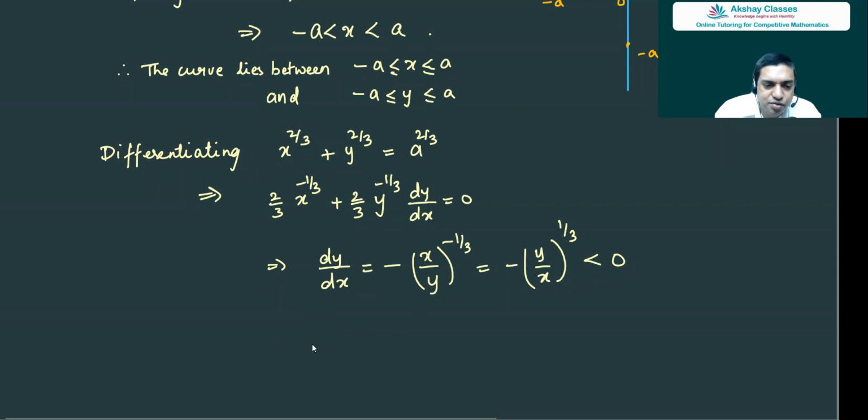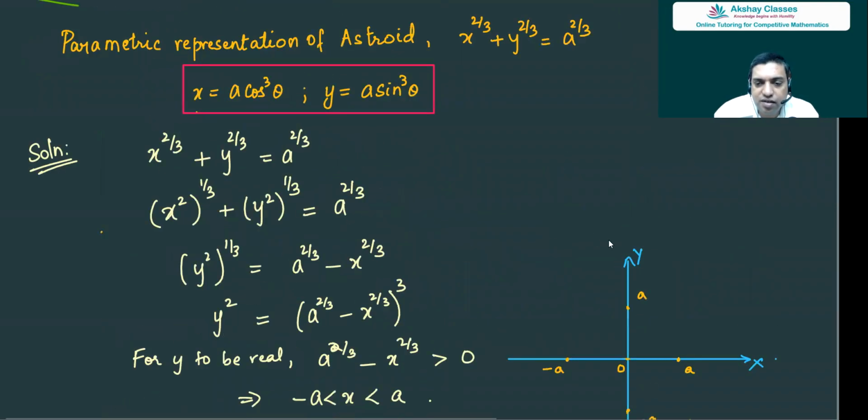As x tends to 0, okay, the dy by dx value, y will be tending to a, because as x tends to 0, the function value is approaching a. All right, this we just found here.